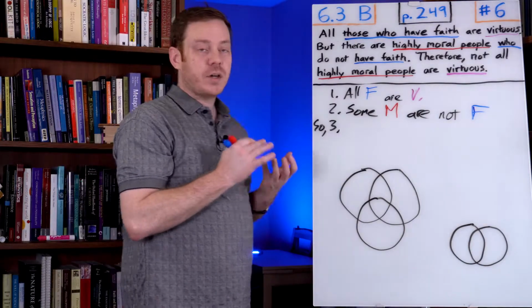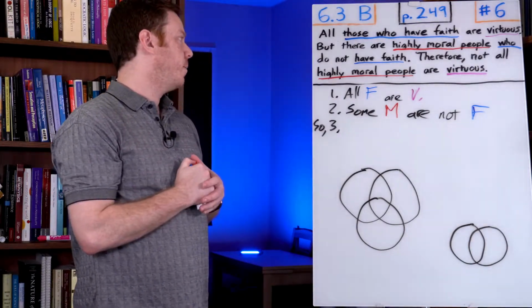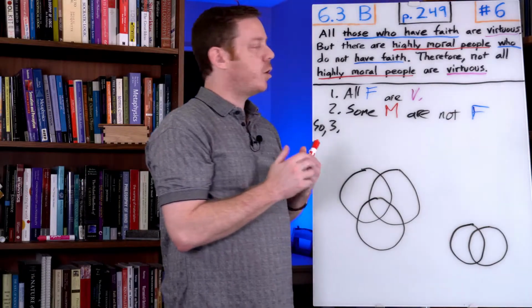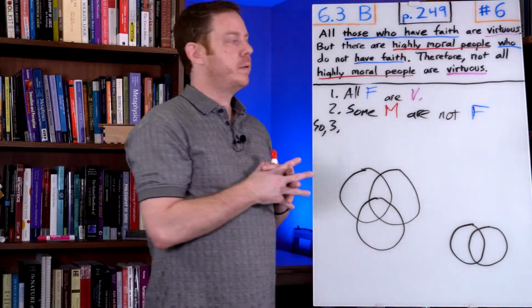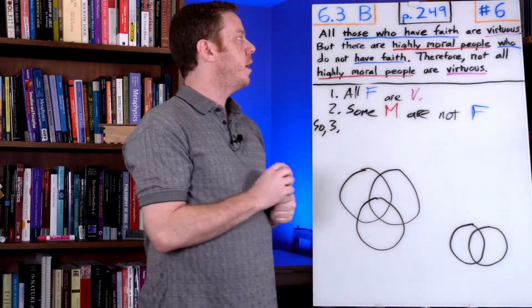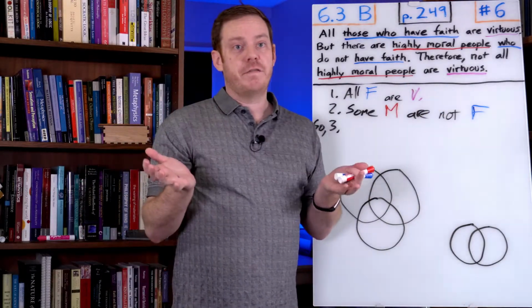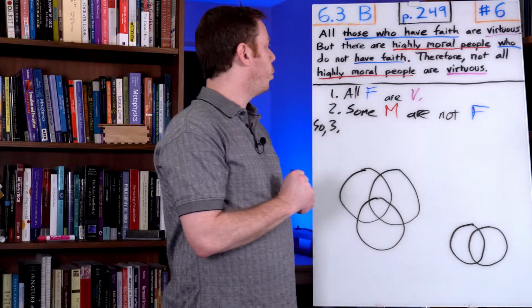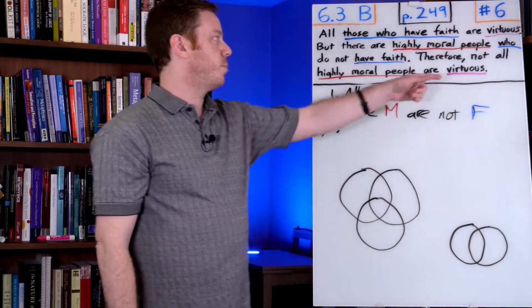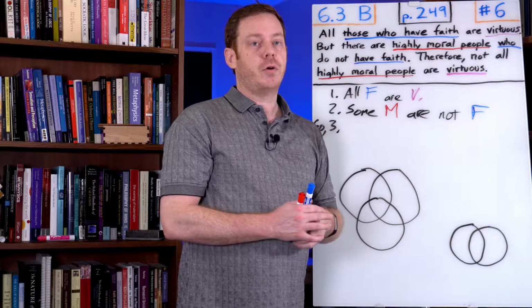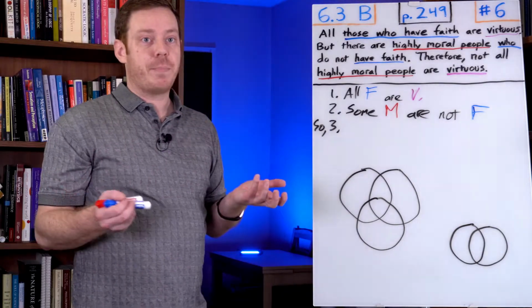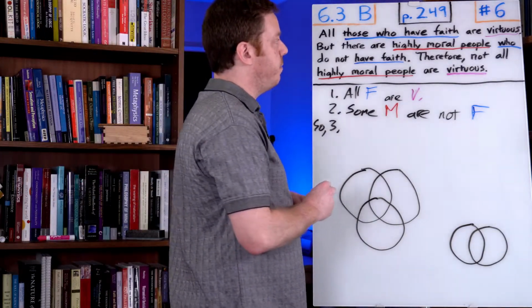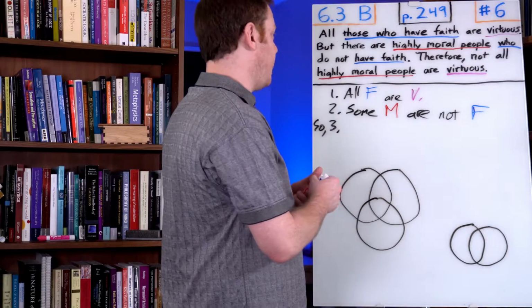Well, if not all of a group has a certain property, then some of the people in the group don't have the property, right? Not all people in this group have this property, so some people in the group do not have the property. So some not, that's going to be an O statement.